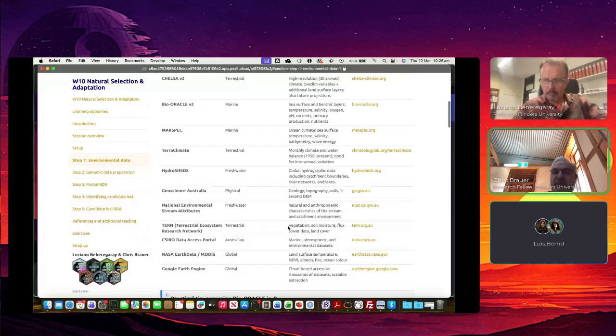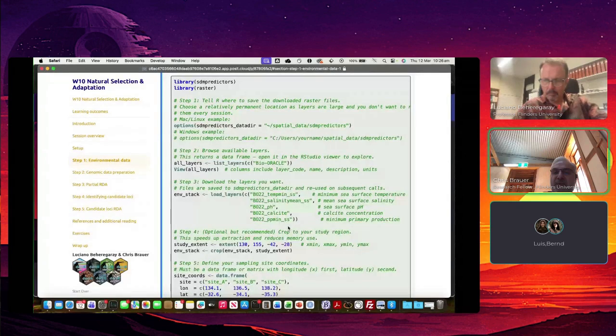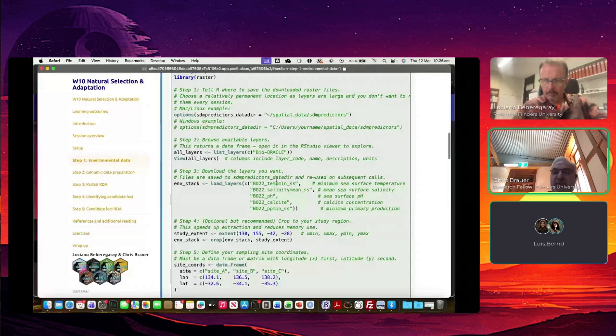The next bit of code here, I didn't make it interactive because the spatial data is quite large in its raw form that you can download. But this is essentially the code that I used to download the data for the paper.